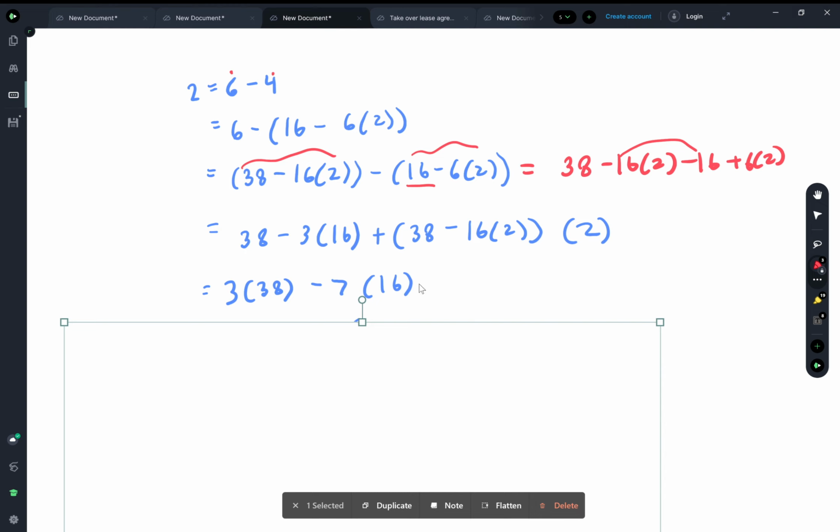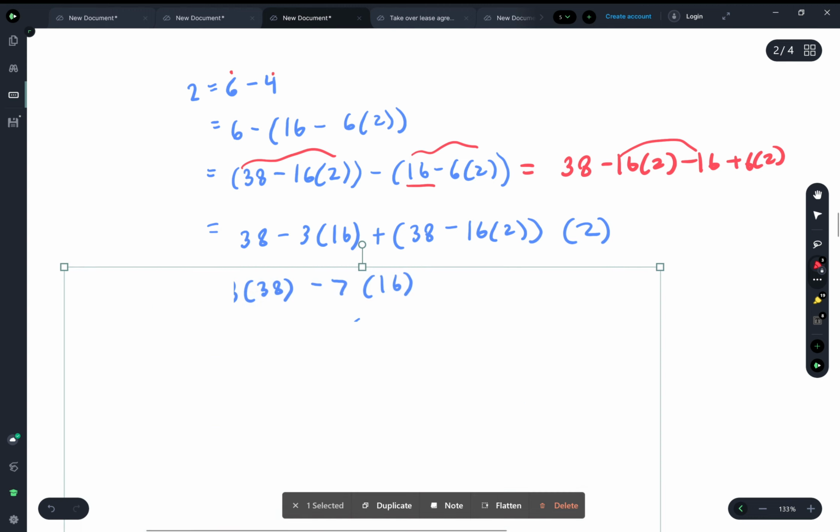We have 38 here, we have a negative 3 times 16, and this is a negative 2 times 16, so that will be a negative 4 times 16.